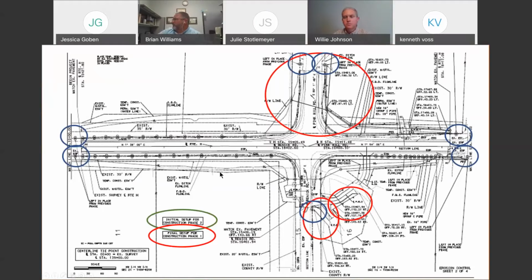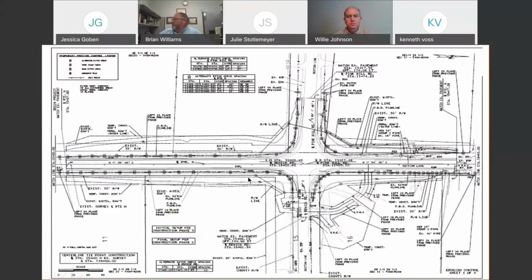Now we're talking about, if you look at the green section, initial setup for phase 2. But we're still not showing these ditch checks over here. So here's sheet 3, initial setup for construction of phase 3, and final setup of phase 2.